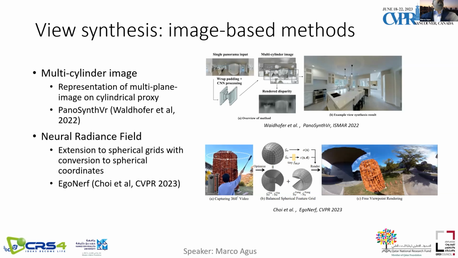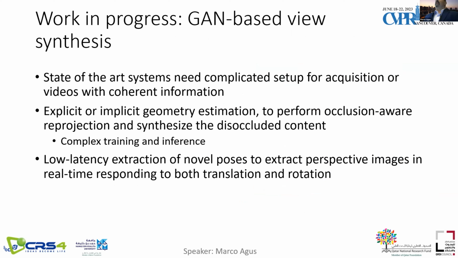The input is a casual 360 video made with a fast rotating operation, and the output is a free viewpoint rendering of the system. So I would recommend, if you are interested, to go to the poster session where HEG-on-F is presented.